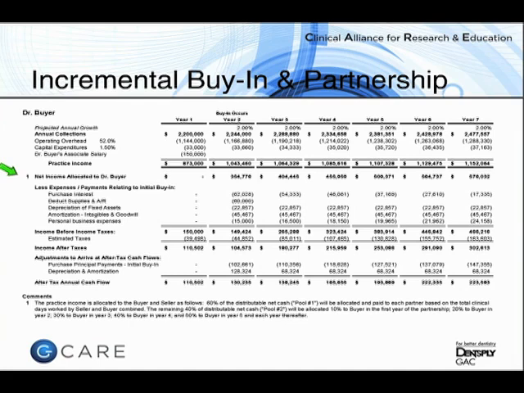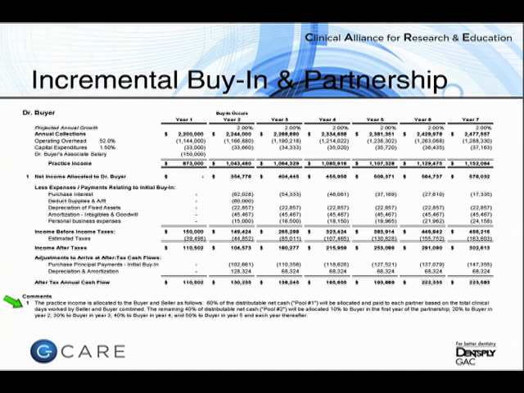So this one is explained as here, and again, this is just an example, that 60% of the cash flow is allocated based upon total clinical days worked. And then the remaining 40% of net cash is allocated 10% to the buyer in year 1, then 20% to the buyer in year 2, then 30%, 40%, 50% until they basically become equal. Again, there's many different ways to do this, but this is just an example.